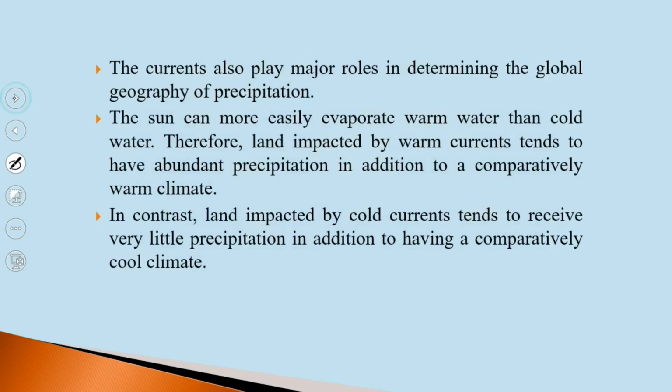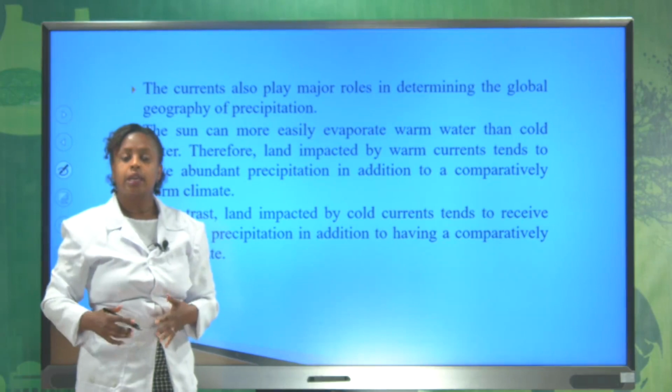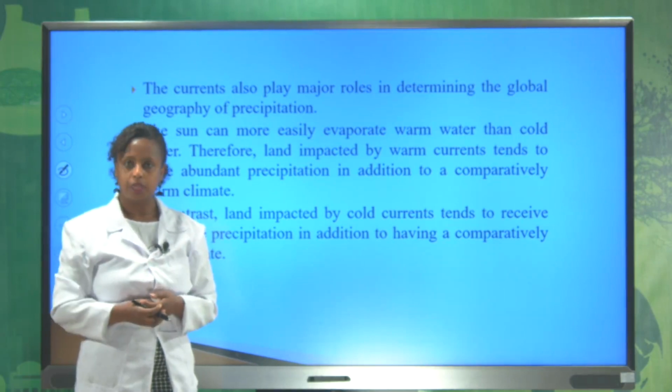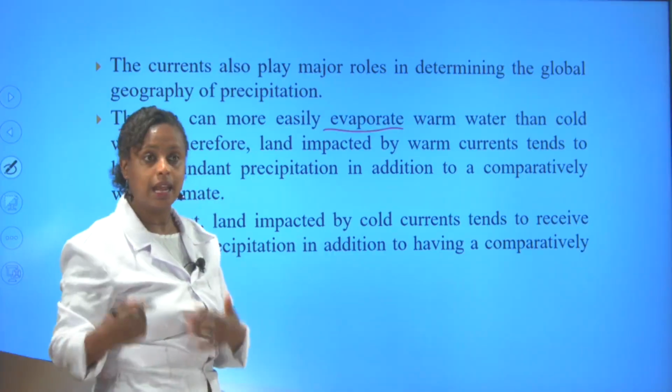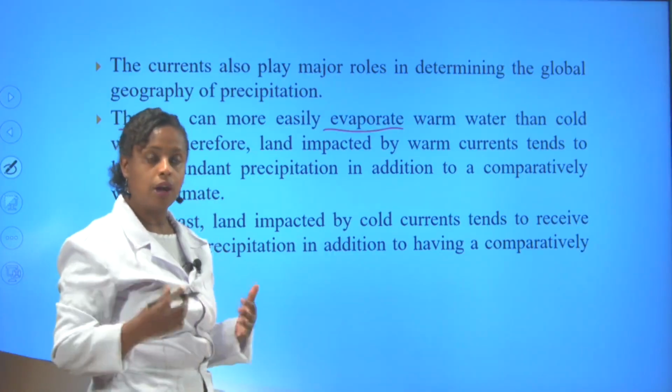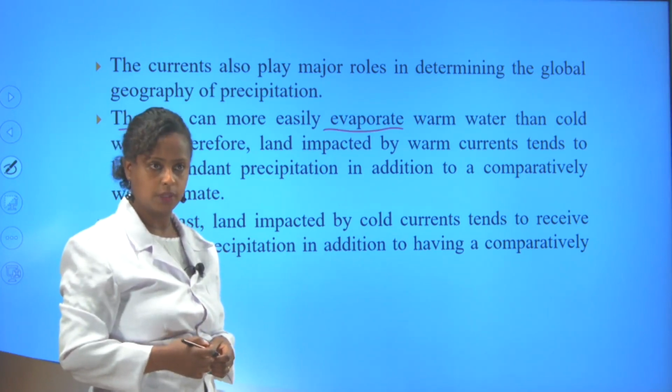In addition to the warming and cooling effects, ocean currents globally play a great role in the determination of precipitation. This is because the sun can easily evaporate warm water more than cool water. As a result, the land nearby warm ocean currents can get a high amount of precipitation.